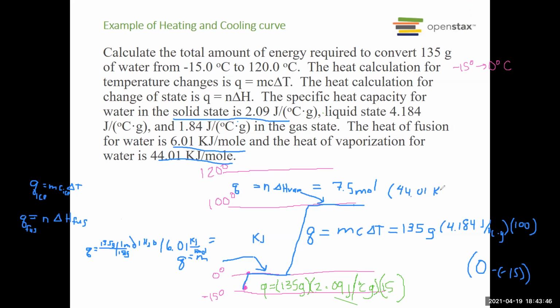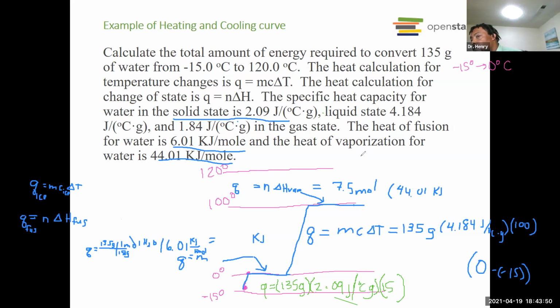How'd you get 7.5 moles? 135 divided by 18.